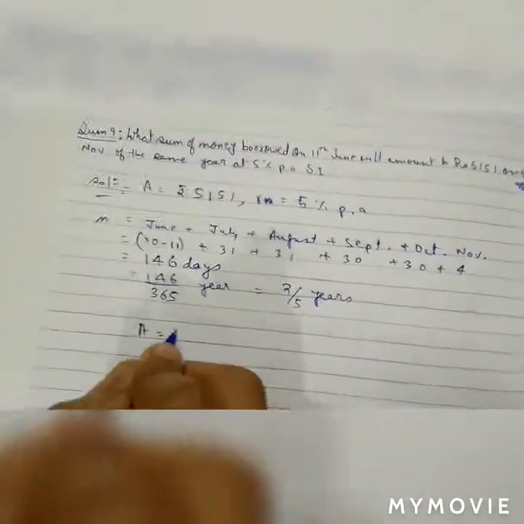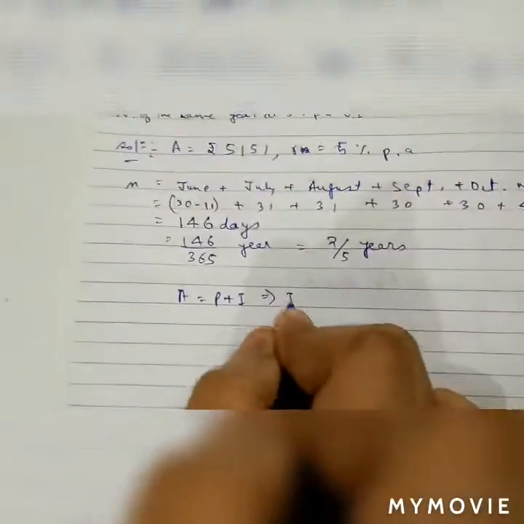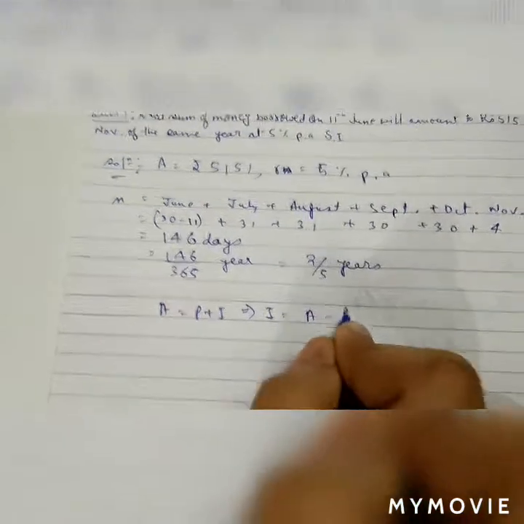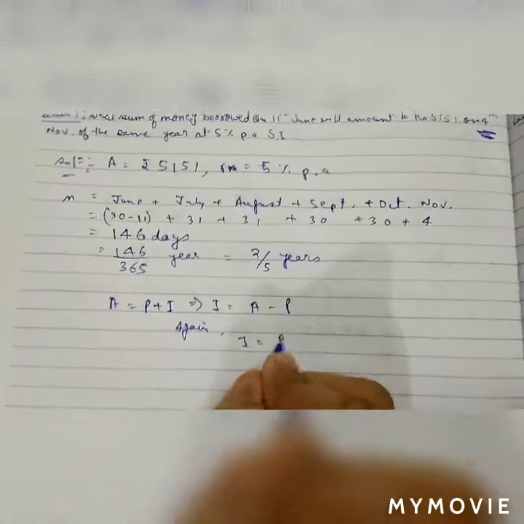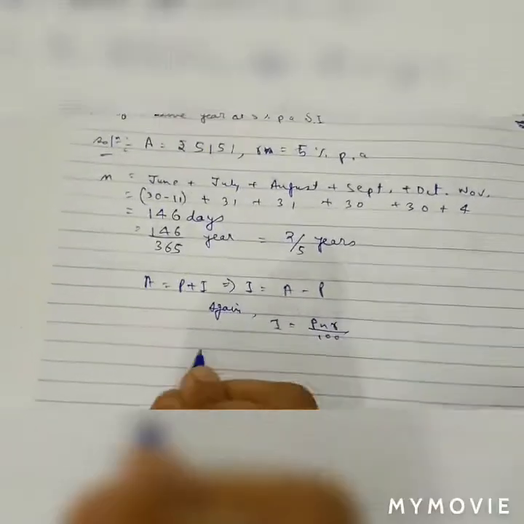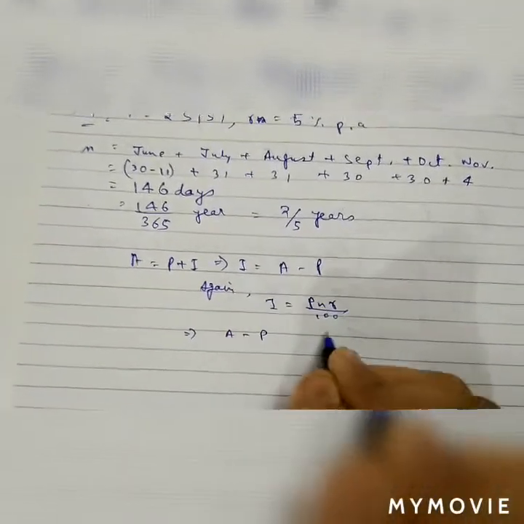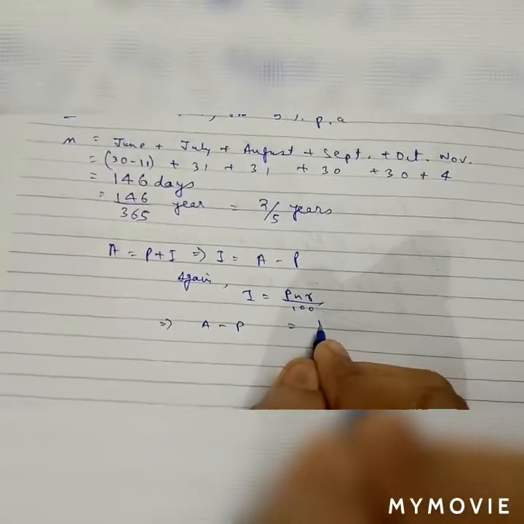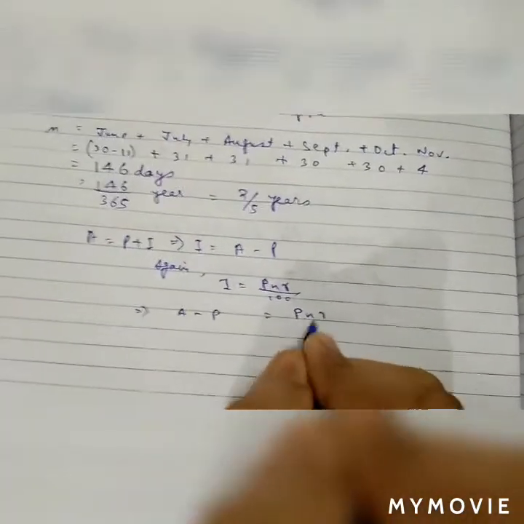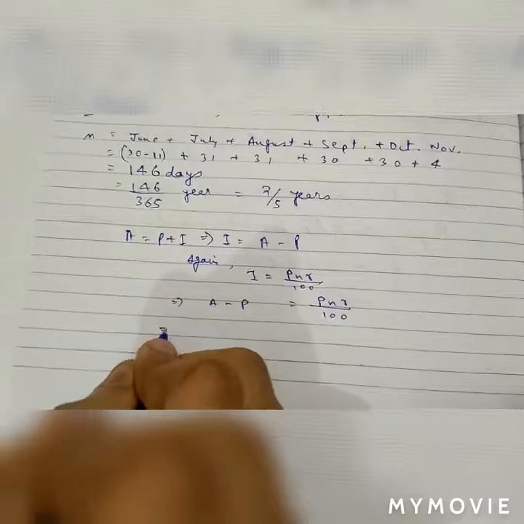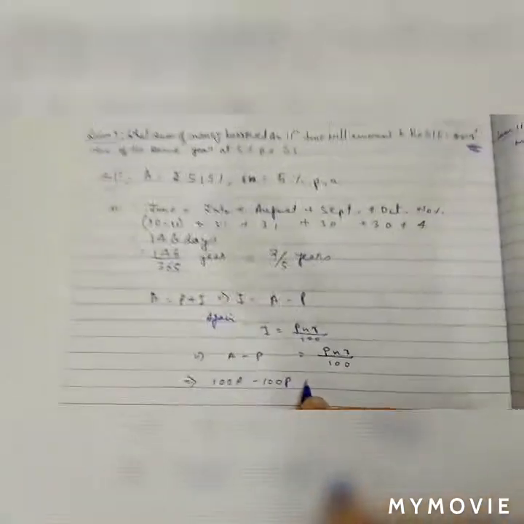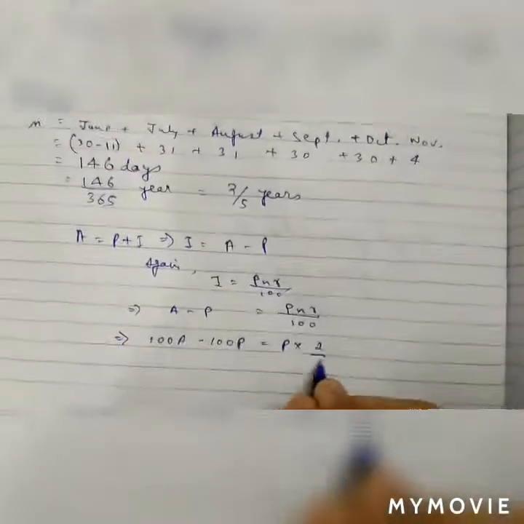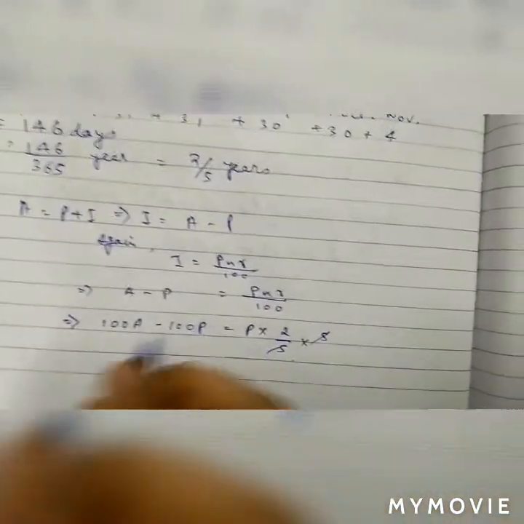A equals P plus I, so I can be written as A minus P. Again, I equals PNR divided by 100. I can be written as A minus P equals PNR divided by 100. So 100A minus 100P equals P into 2 by 5 into 5. 5 gets cancelled.